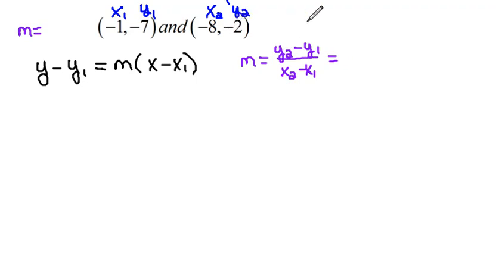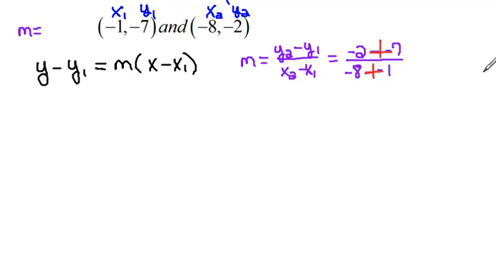y2 is negative 2 minus y1 is negative 7 over x2 is negative 8 minus the x1 is negative 1. Now remember, each one of these double negatives is a positive.